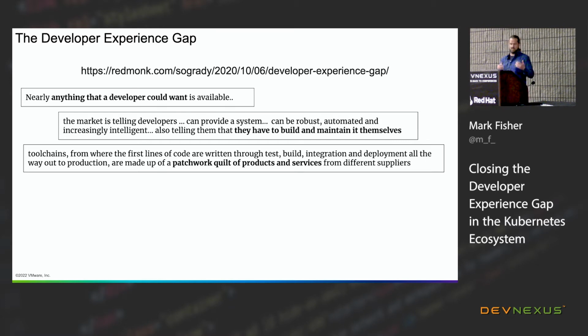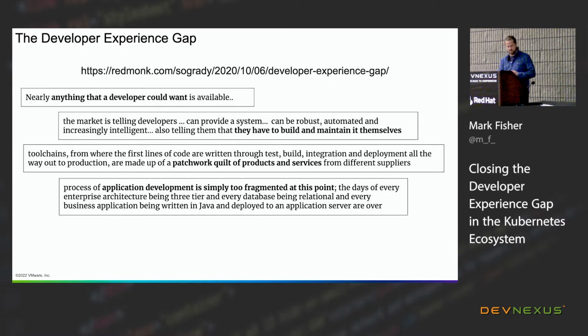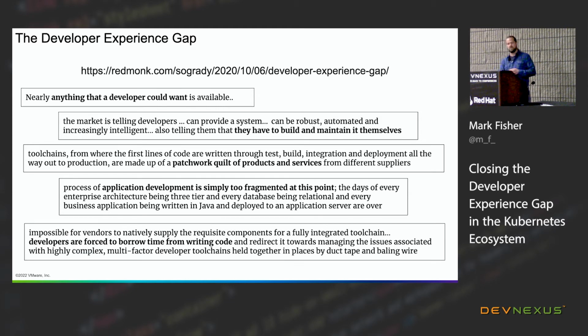And what ends up happening in a lot of organizations is that you create this patchwork quilt of products and services, and the application team ends up maintaining that. And ultimately, it takes away time from their actual application development because they're spending so much time on tool chains and infrastructure.